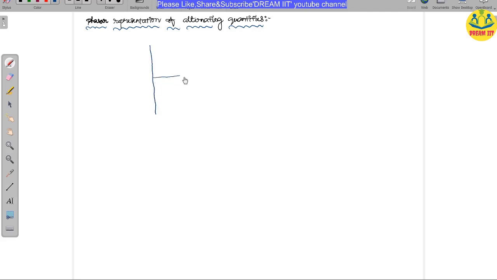What is the meaning of the phase here? When you take an alternating quantity like this, a phase means you can see this is the angle of pi by 2, which is made at omega t.